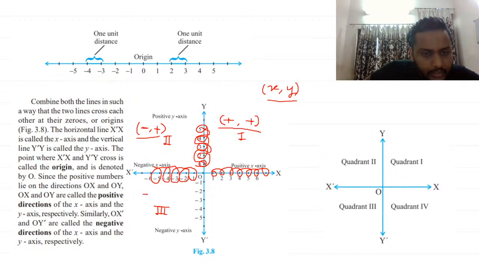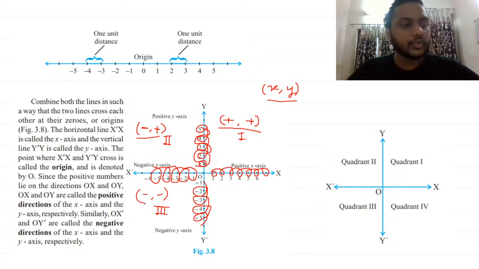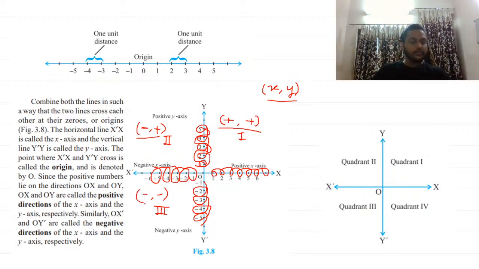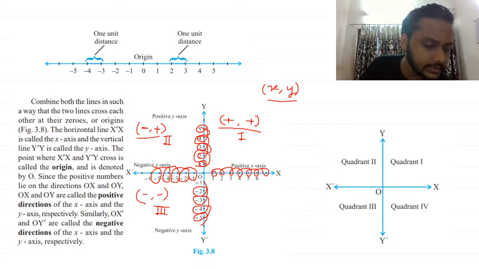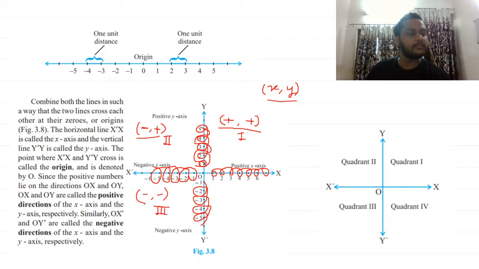My x is negative, and if you look at your y, your y is -5, -4, -3, -2, -1, which means in the third quadrant your x is negative and your y is also negative. Am I clear? You got it? So the combination of x and y in the third quadrant will be minus minus, which means x is negative and y is negative. Am I clear with this or not?